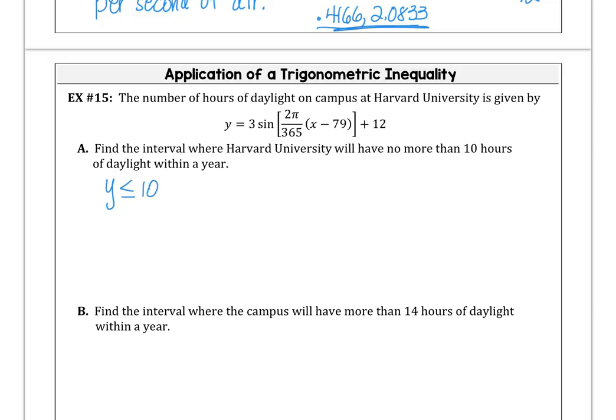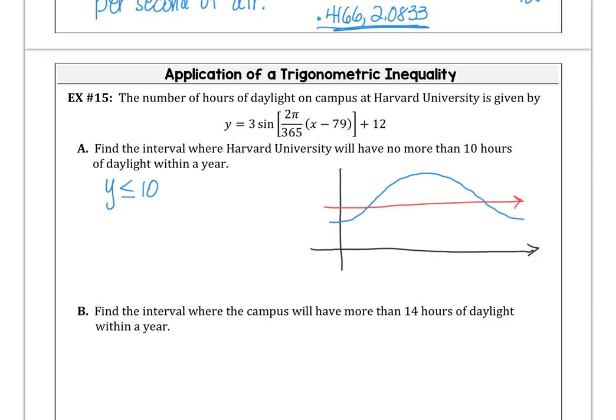Looking at that equation on a graphing calculator, we have got to go out to 365 days here, and you have to scoot up to 12 because 12 is my shift up, y equals 12, or is that y equals 10, I'm sorry. We've got the graph here and here.